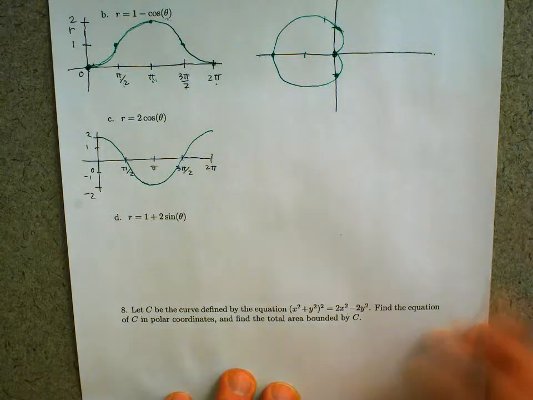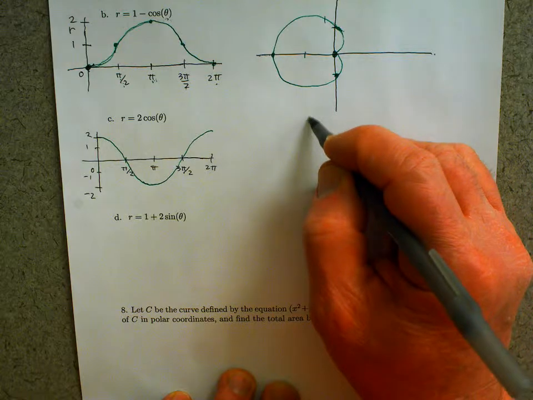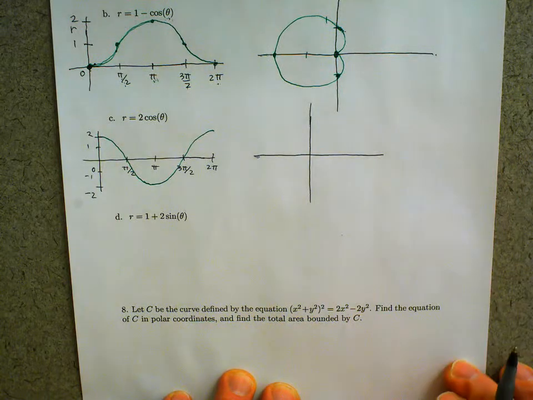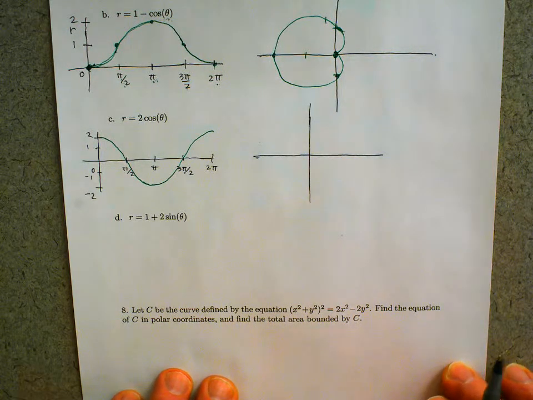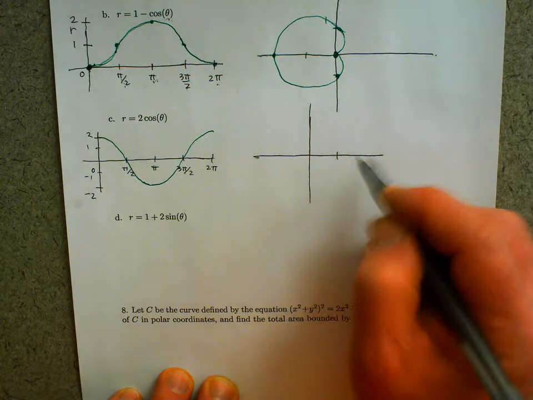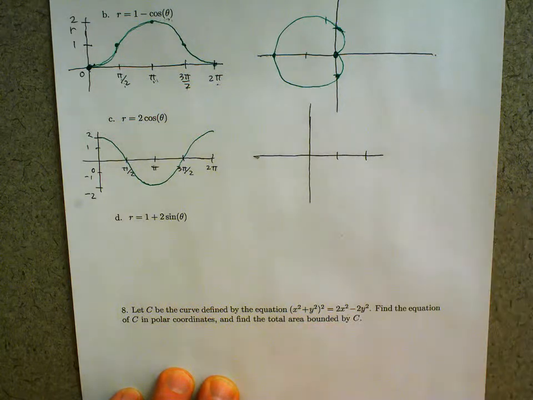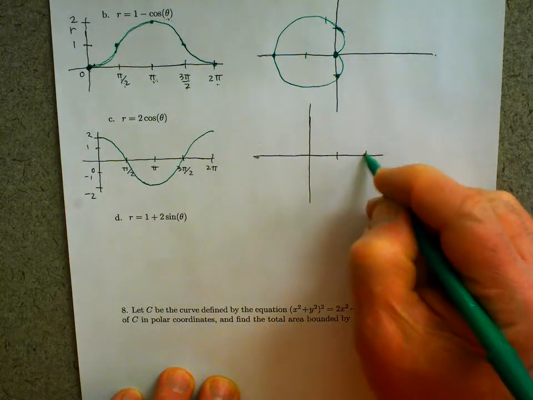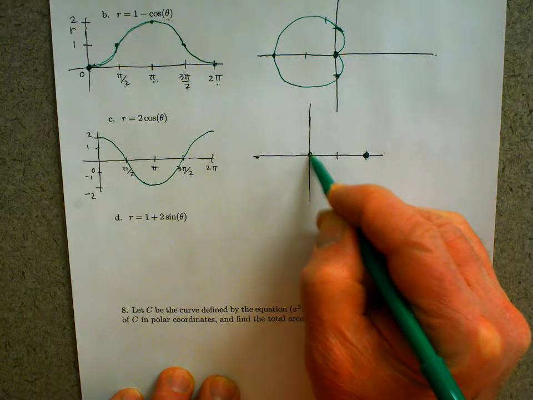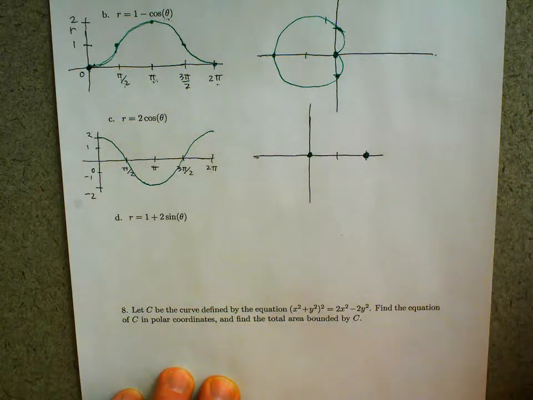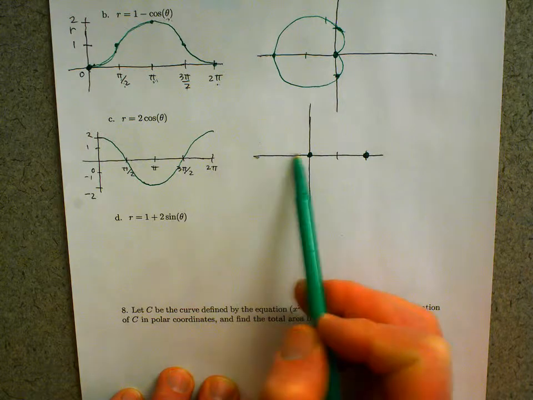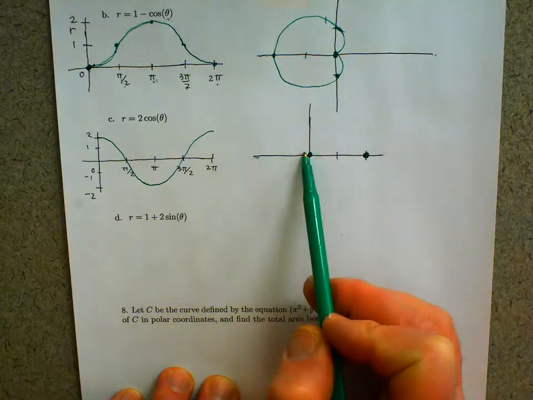Hey, what will the polar curve look like this time? When theta is 0, the r value is 2. So we have this point. At pi over 2, the r value is 0. At theta equals pi, the r value is -2, so we plot a point in the opposite direction.